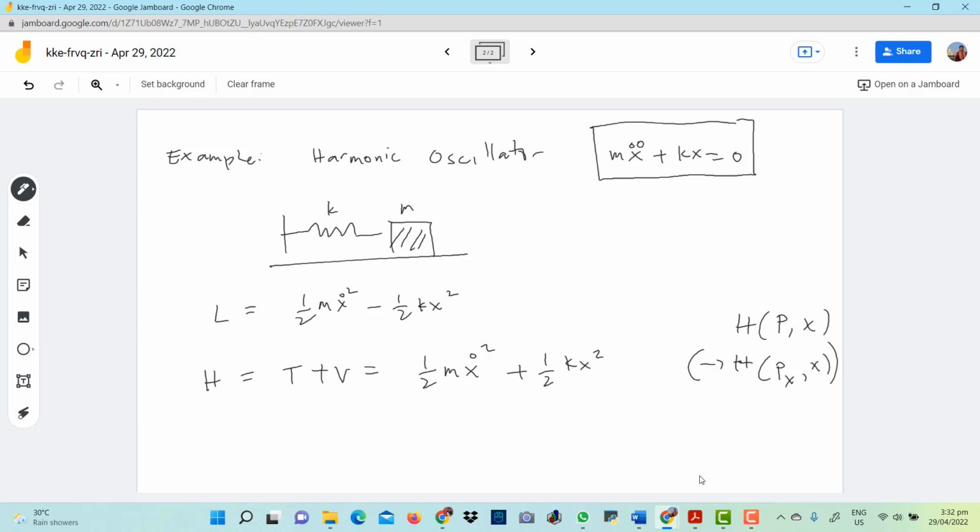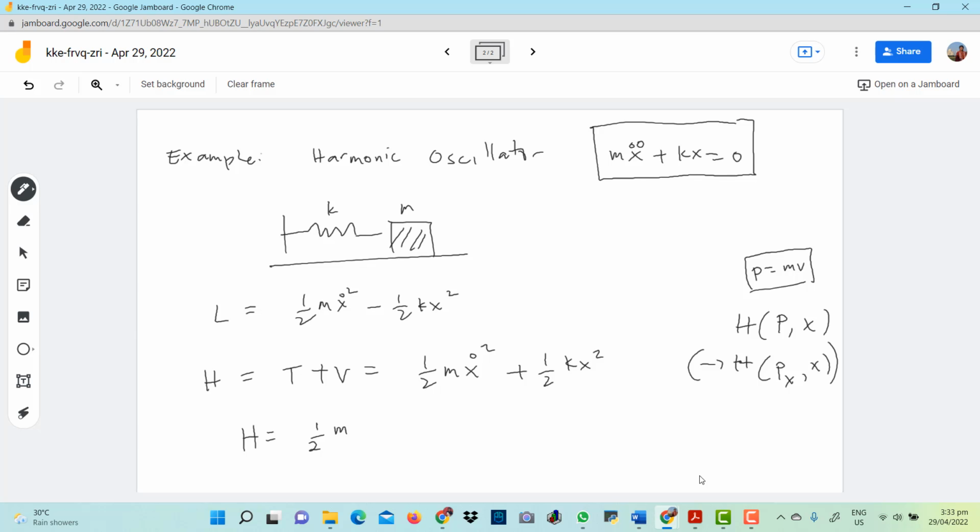So you must express the Hamiltonian not in terms of the velocity but in terms of momentum. How are we going to express the Hamiltonian in terms of p and x? Easy. Take note, p is equal to m times v, that is mx dot.